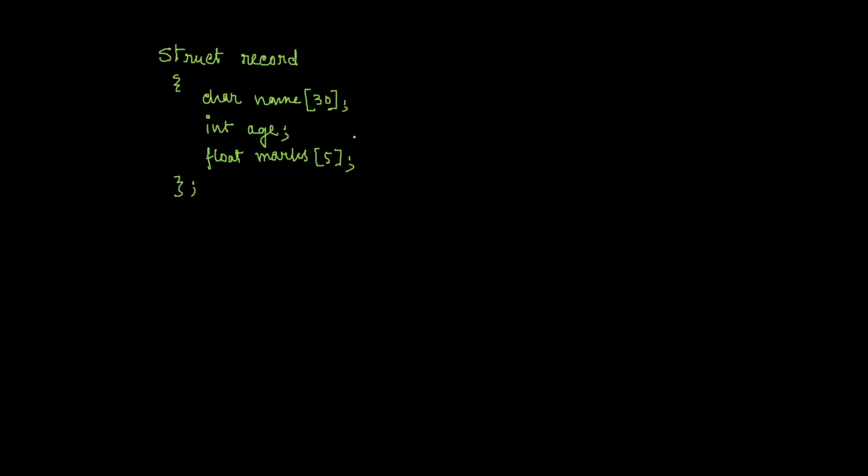To realize how the structure actually can be used in a program, we have to understand what is the physical interpretation of this one. Just try to realize it from an example.